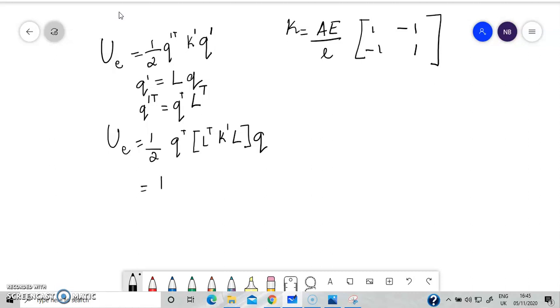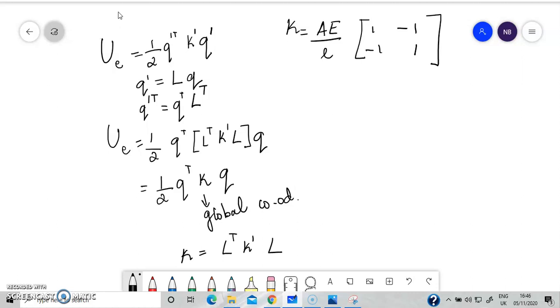So we can say that the strain energy is half Q transpose K into Q, where K is the element stiffness matrix in the global coordinate. Okay, so K will be given by L transpose K dash into L.